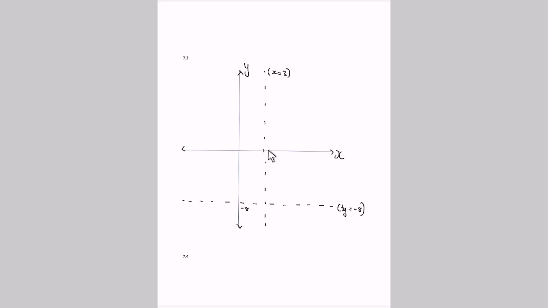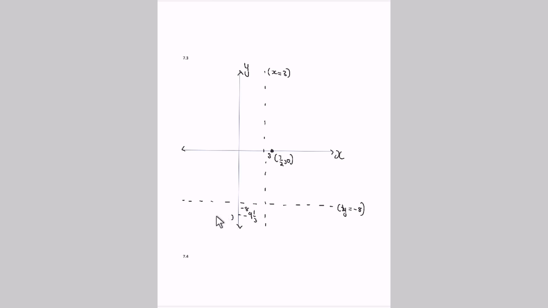Then we are going to plot the coordinates that we had calculated on top, which is the x-intercept, which was 7/2, 0. And the second one was the -9 1/3.